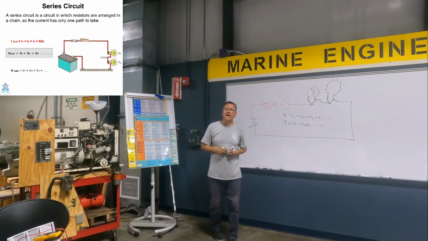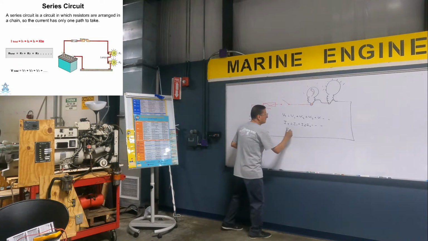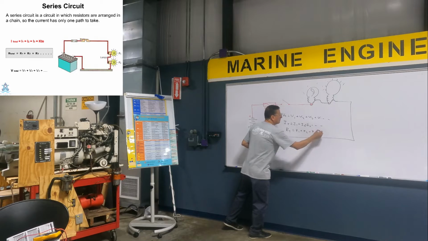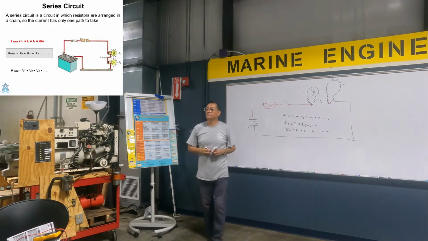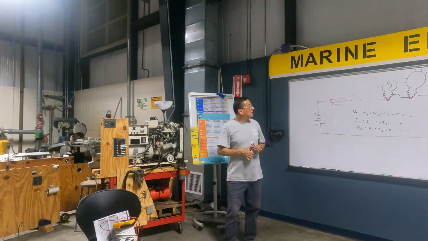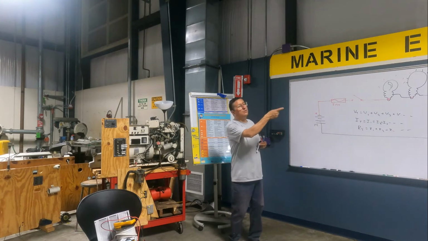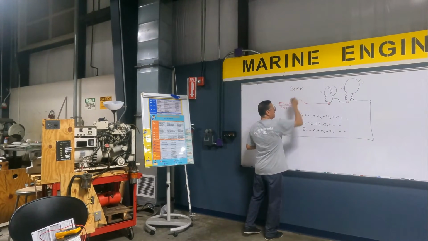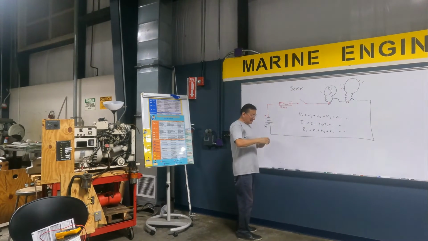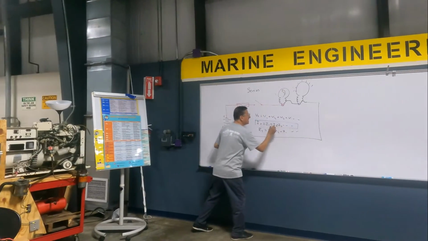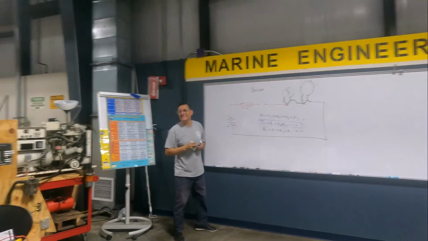I added them. Good? Let me try to do another circuit, in parallel. This is series. Don't forget, the key is what element is constant. In series, the intensity is constant.